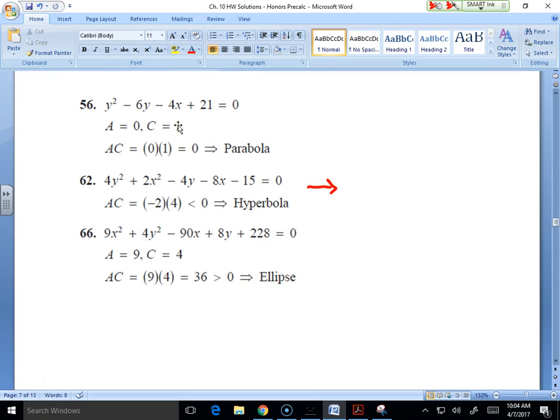Okay, so if we were to simplify, we would pull out the 4. We would have the y squared minus y. Then we would take the x squared term, pull out the 2, and we'd have x squared minus 4x. On the other side, you would move the 15.